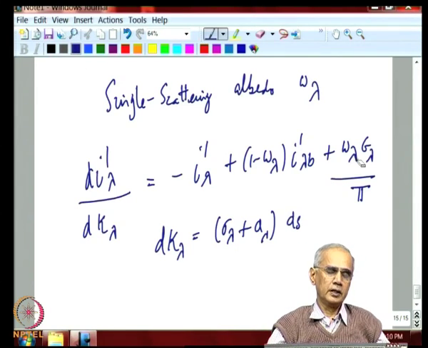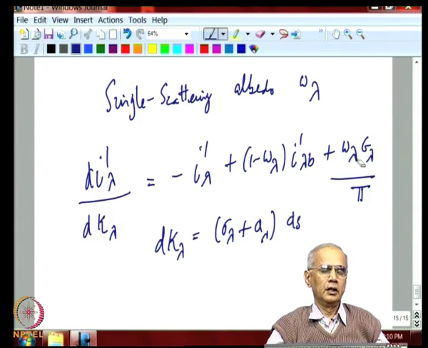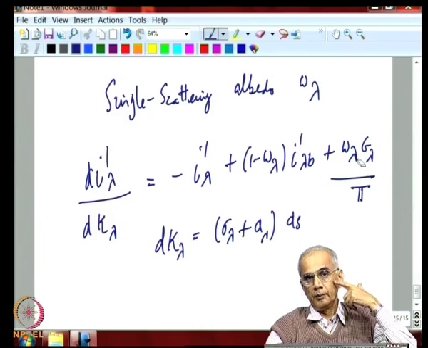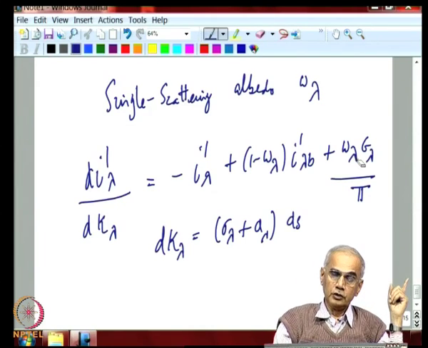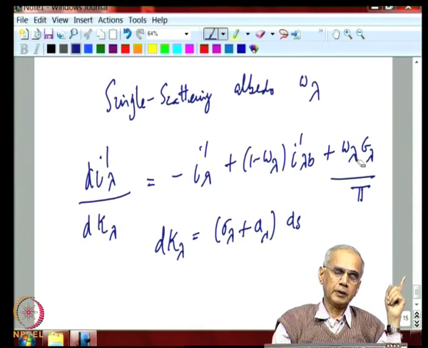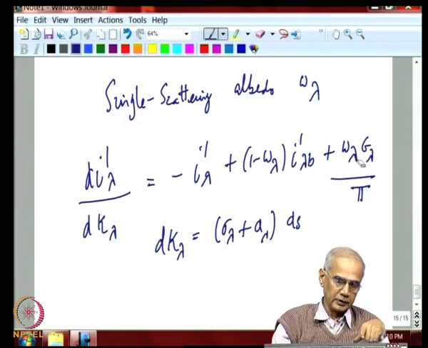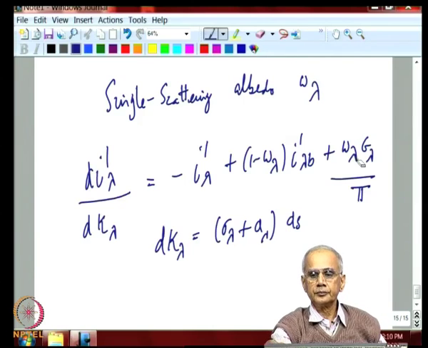So, when there is scattering taking place, the complexity of the problem goes up many times, because now we have to worry about solving the directional spectral intensity in all the other directions in order to get the answer in a given direction correctly, because they are all coupled through this term.